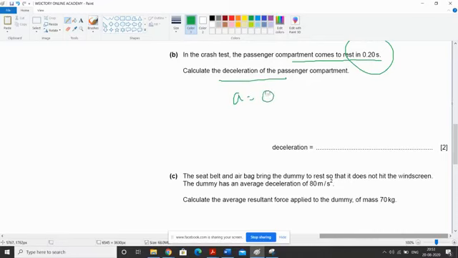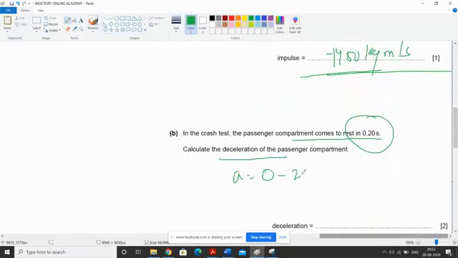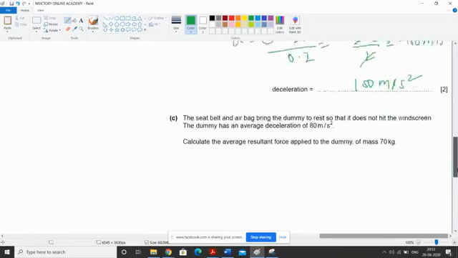So a is equal to 0 minus initial velocity 20, divided by 0.2. So you will get negative 100 meter per second squared. If acceleration is negative, deceleration will be positive. Answer is 100 meter per second squared.